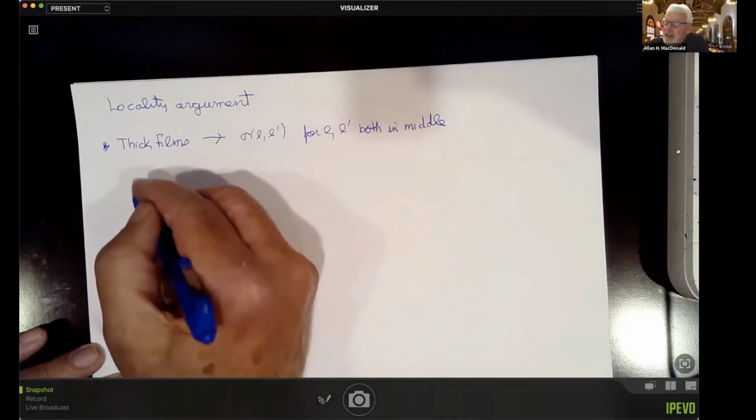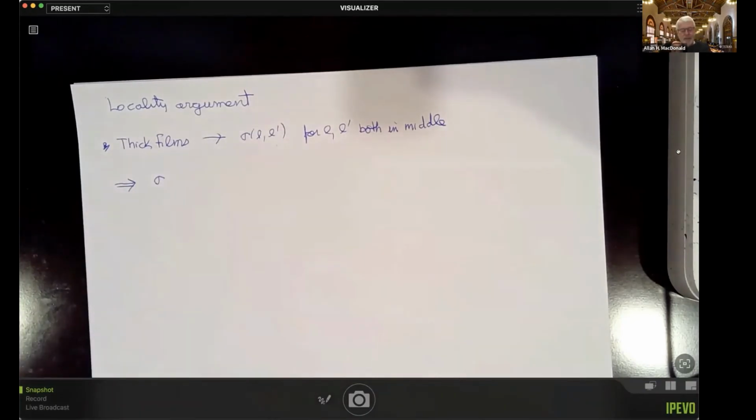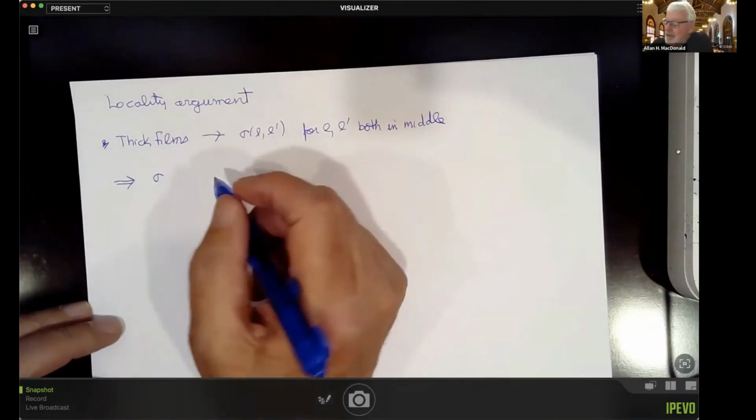So that means that these kinds of local properties, I think, are, for example, implicit when you represent surface magnetization by introducing a magnetoelectric term in the electromagnetic Lagrangian with an E dot B term, with E and B at the same position. I think then these local properties are implicit there too.